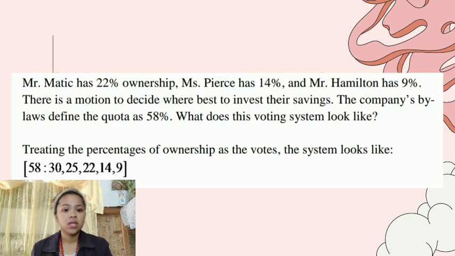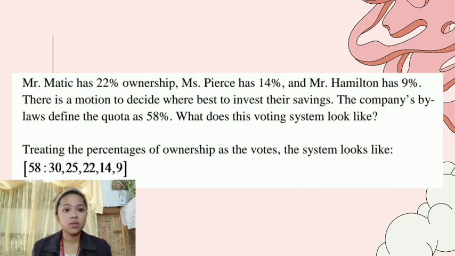So the voting system looks like a quota of 58, and weights of 30%, 25%, 22%, 14%, and 9%.